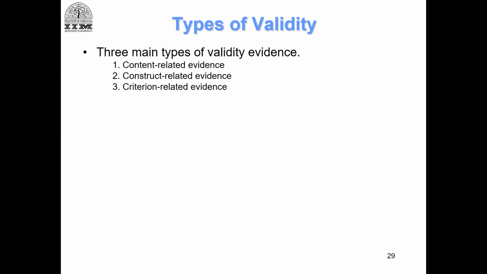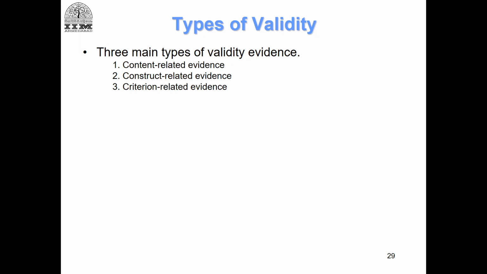The third is the criterion related validity. Now, as the name suggests, and the reading that I have given you, Madhu Viswanathan's first chapter, is a very good reading on validity and scale development.